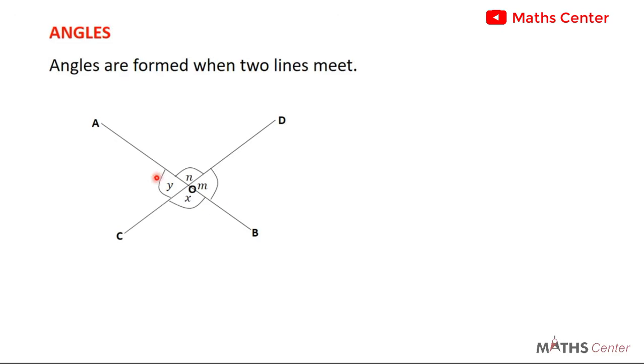So for example, for angle N, the points that are forming angle N are points A, O, and D. So the name of angle N is angle AOD or DOA.